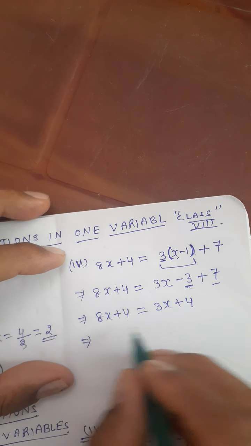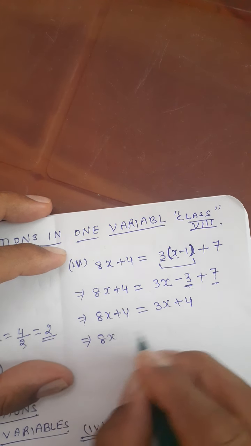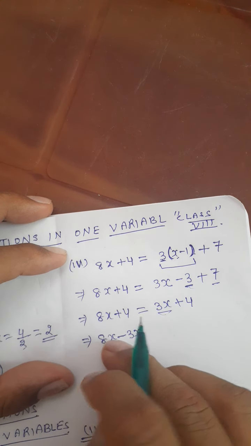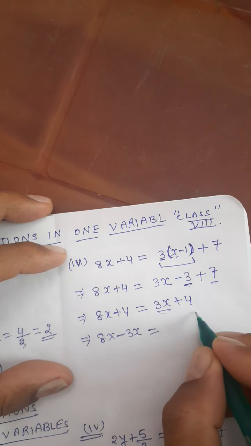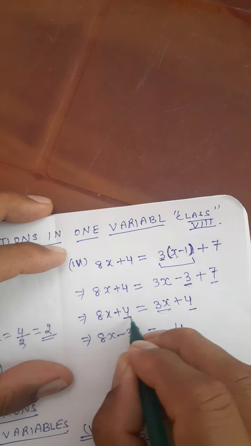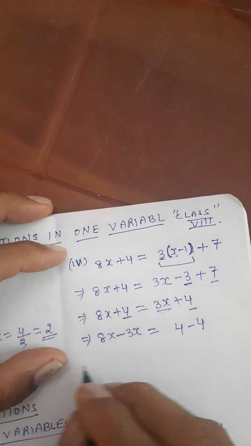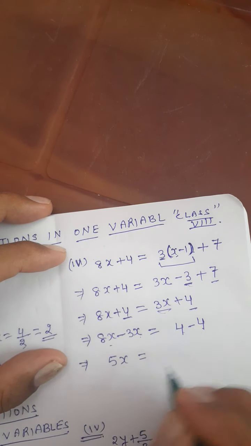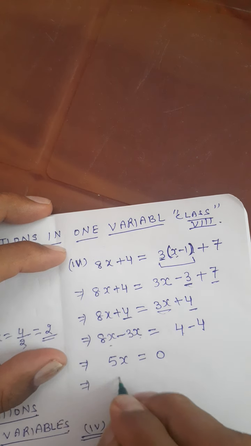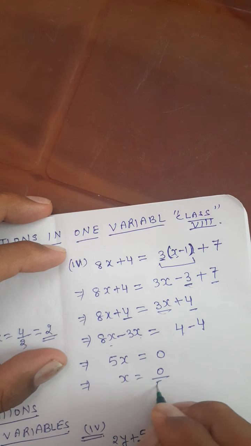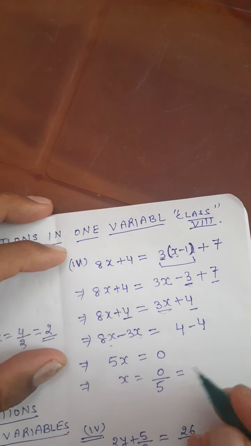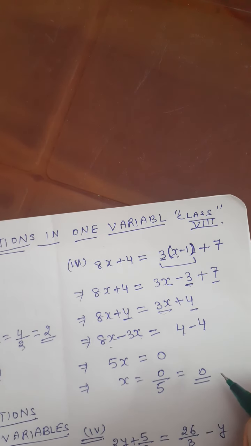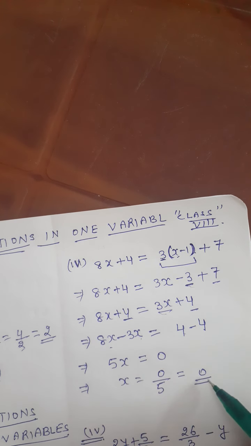So we take 8x here and 3x here, so variables are on one side, and constants 4 and 4, then it will be -4. So 8x minus 3x is 5x, 4 minus 4 is 0. So when you find x, it is 0 divided by 5, and you know that 0 divided by 5 is always 0. So here x is 0, that is your answer.